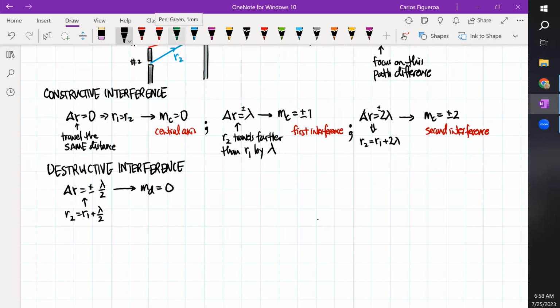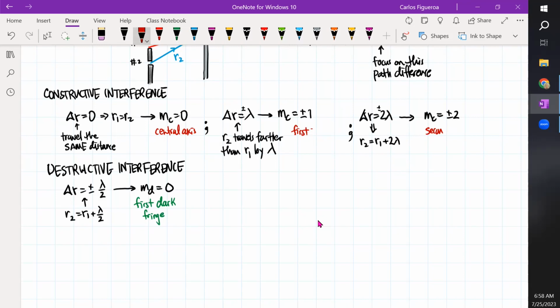Now, we have to be careful with the language here. This is the first dark fringe. No, I probably shouldn't have been saying the first interference. Maybe we should go back and say that this is the first bright fringe.